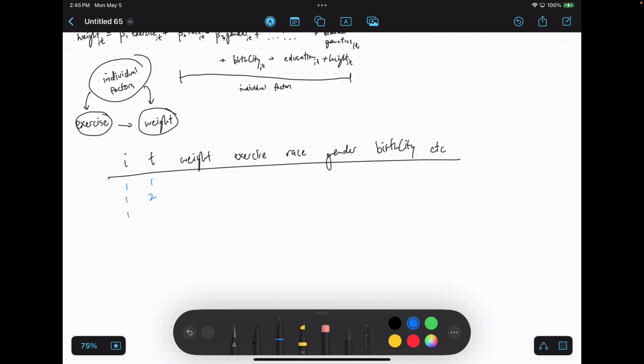You may have several observations over time about how much they weigh, A, B, C, D, E, F. Okay, and their race might be X1, their gender might be Y1, birth city might be Z1.